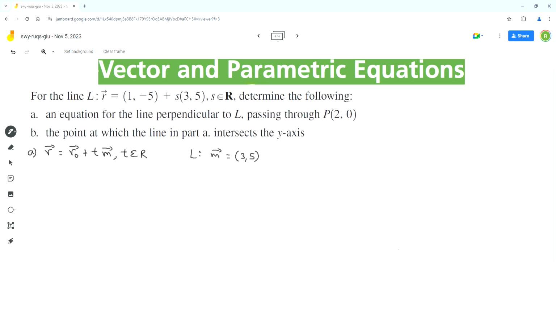Let's assume the direction vector for the line we want to find in part A is a non-zero vector (a, b). So the dot product of these two vectors should be equal to 0.